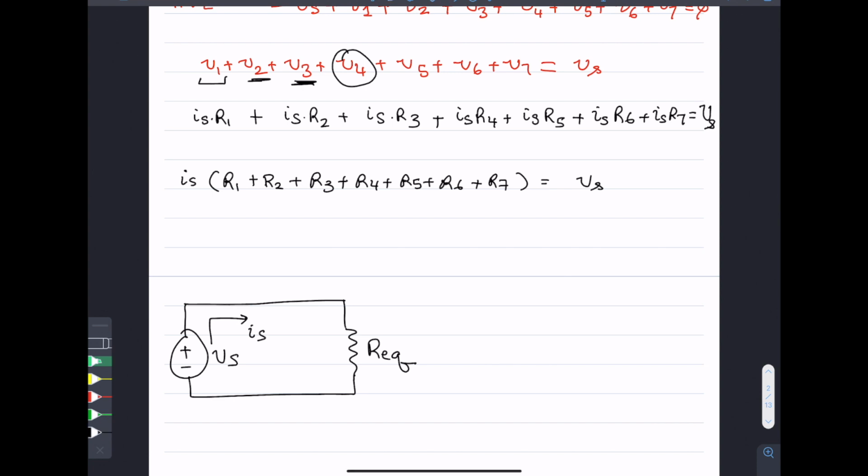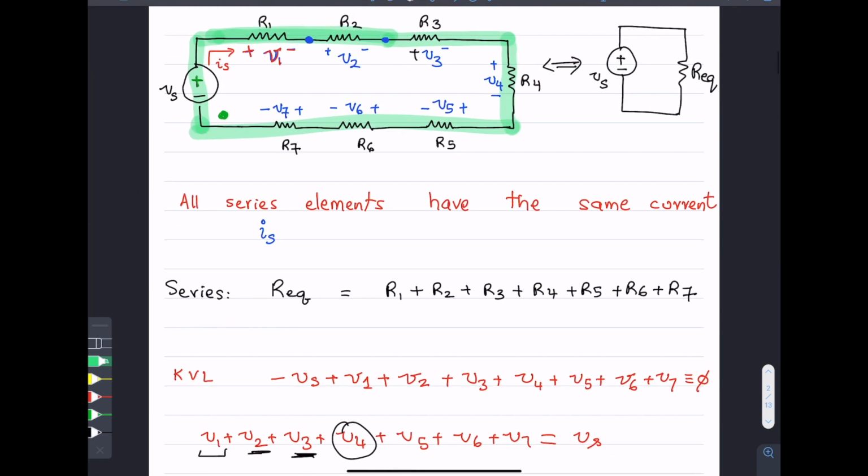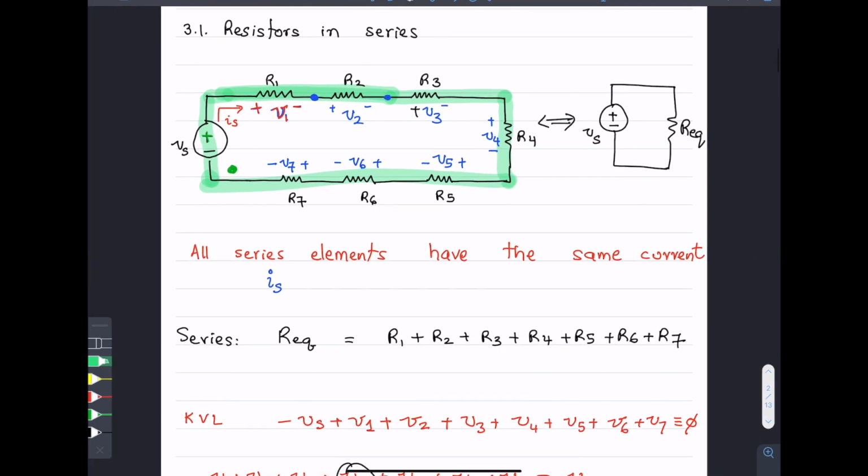For this circuit to be equivalent to the series connection shown here, we have to see that the voltages and the currents are exactly the same. That is what makes these two circuits equivalent.